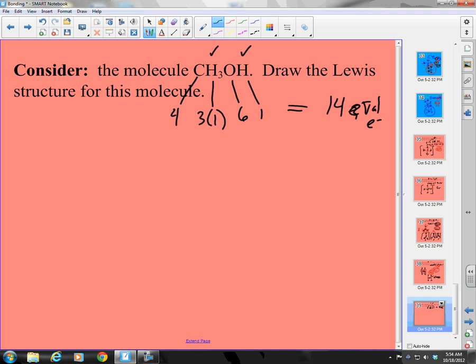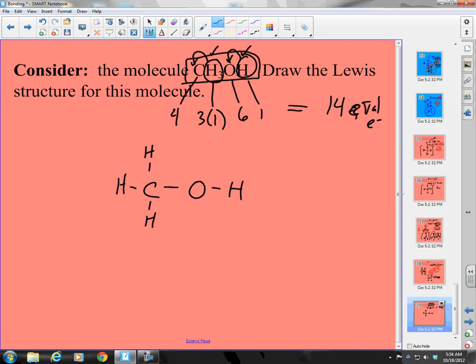And they're telling me that these 3 hydrogens are bonded to this carbon, and this hydrogen is bonded to this oxygen. So that means I'd have C with an H and an H and an H, and I'd have an O with an H, and then what must be true about the C and O? They must be bonded together. And we get that by looking at our formula here, okay? That's how we get the hint.